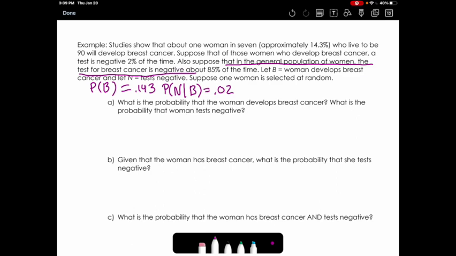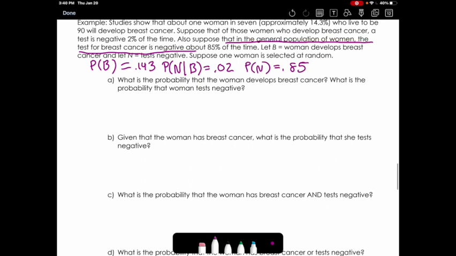We're taking this out of the general population. We're not looking at any subgroups here. It says that the negative tests happen about 85% of the time. So we're going to write the probability of a negative test is 0.85. We'll use this information that's given to us along with the notation to answer the rest of the questions.